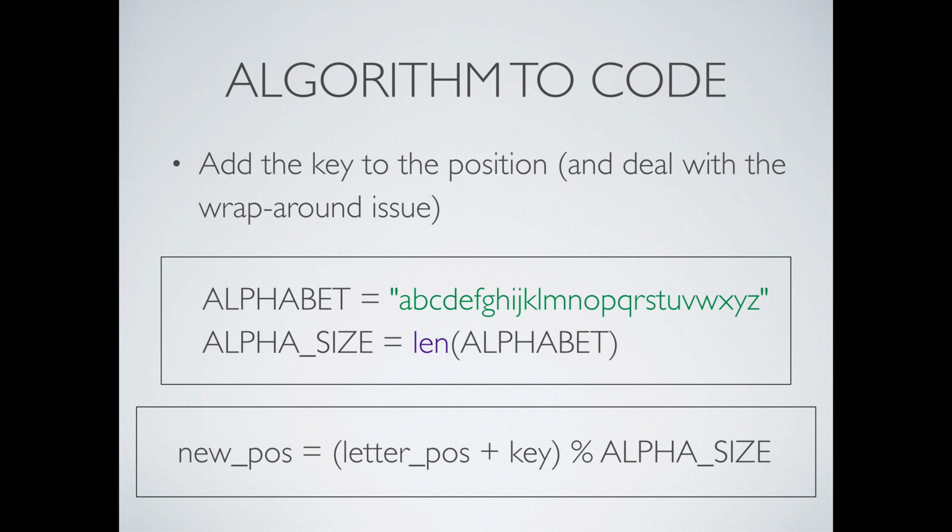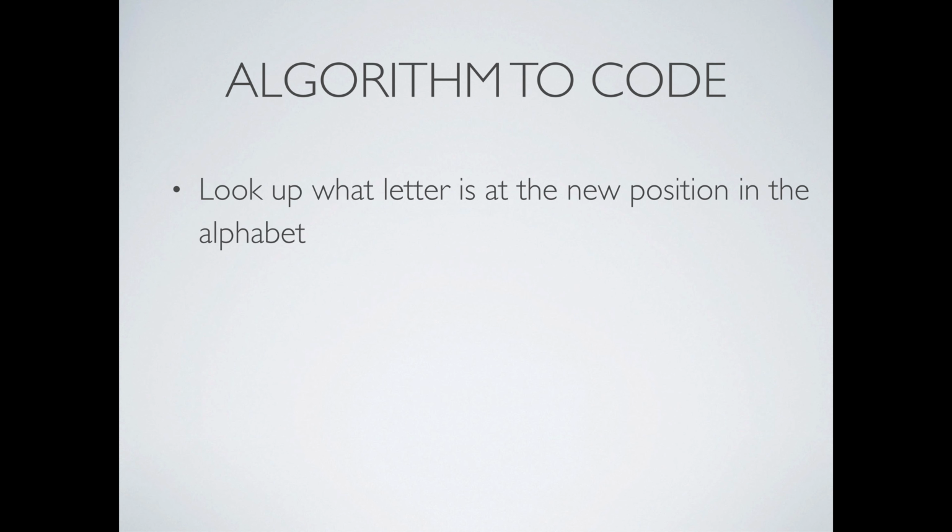Alright, so now that we have the new position, and again we're calculating the new position by taking the position of the original letter in the plain text, adding the key to it, and then modding it by the length of the alphabet. So this is how we calculate the new position of the character in the alphabet. Once you have that new position, you can then just say, okay, alphabet, tell me what letter is at this new position, right? And we talked about how you can do this using indexing.